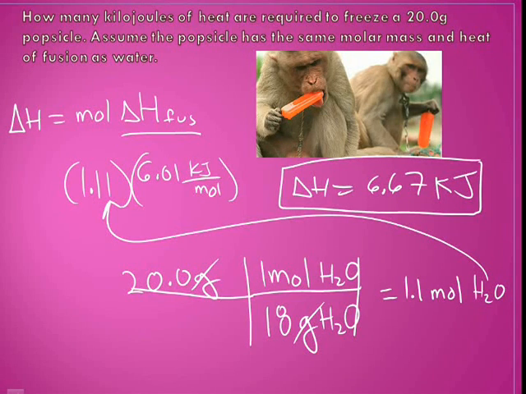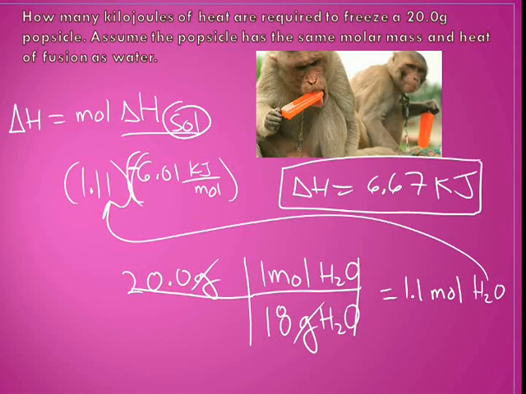No, it's not the correct answer, because we don't add heat when we're freezing something. We're taking heat away. So it's actually the heat of solidification, and that's the opposite sign. So this was a negative.